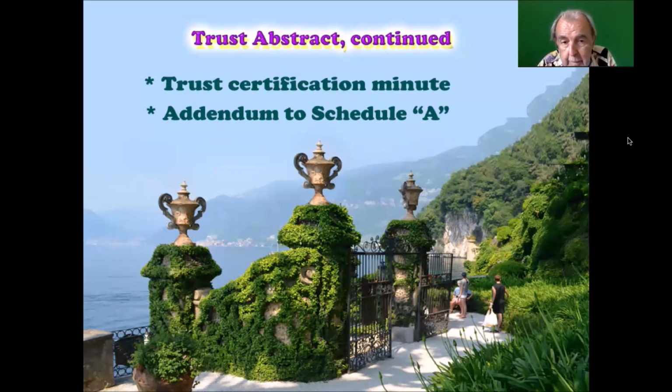It's only 12, 13 pages long, but it gives you a pretty concise explanation of how to run the trust and how to present it to different people and how to contract with it, etc. So in that two-part document, you have pretty much an education.